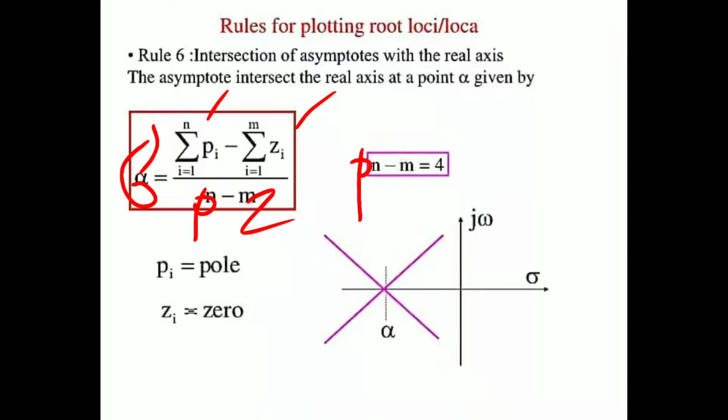So whatever poles are there, add the real parts of the poles. Whatever zeros are present in the graph, sum the real parts of the zeros, divide by poles minus zeros, and we get the centroid.